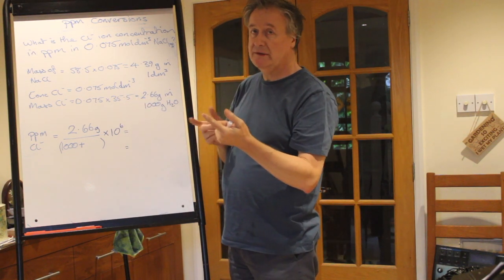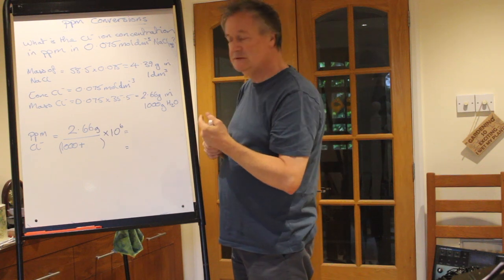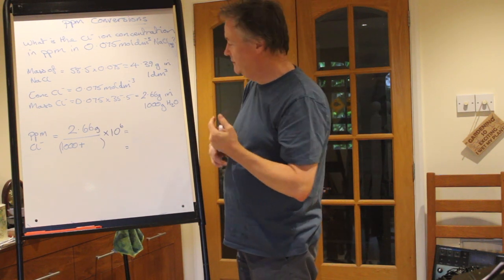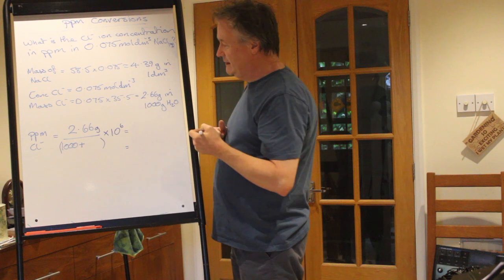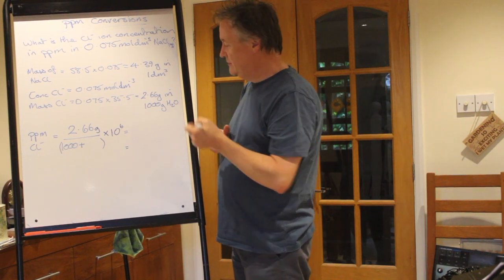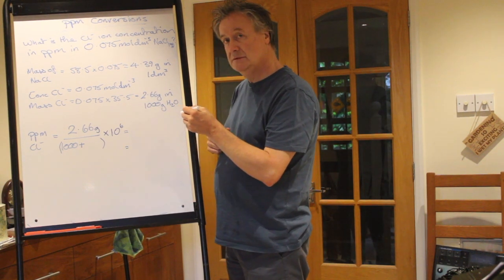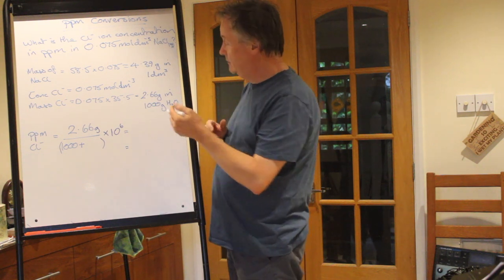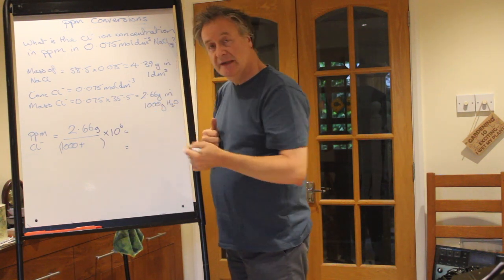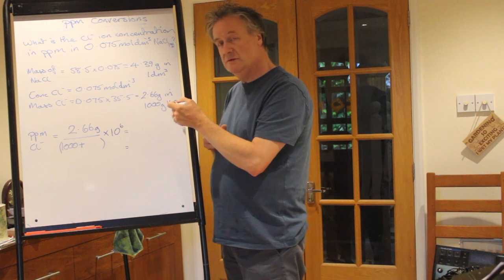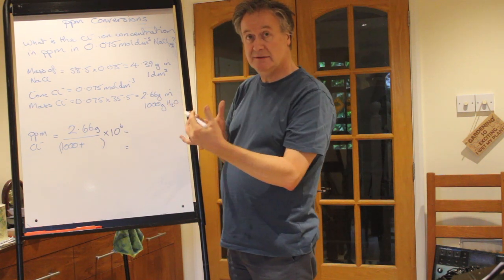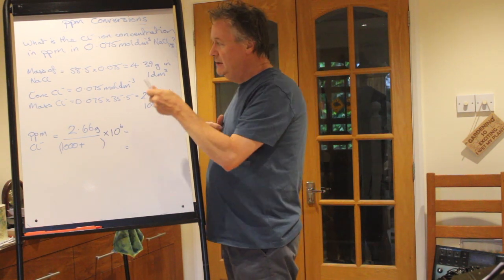Chloride and chlorine don't have any difference in mass because the electron doesn't weigh anything to a chemist, only to a physicist. And that comes out as there is 2.66 grams of chloride ions. So you forget about the sodium because we're not asking about the sodium. In 1,000 grams of water, because of the density of water, 1,000 cubic centimetres is 1,000 grams.